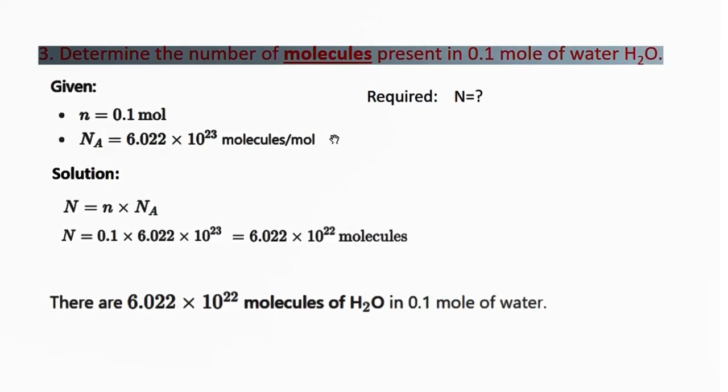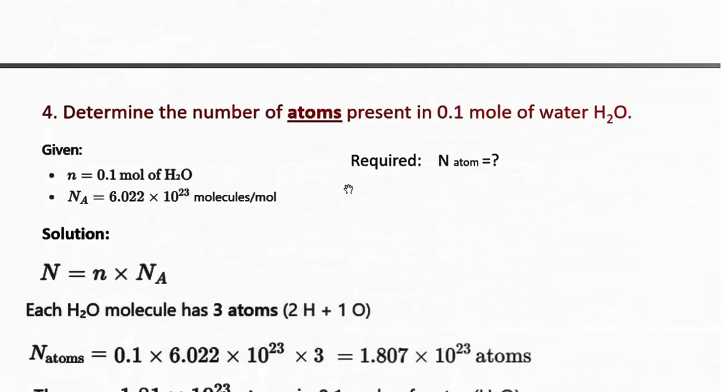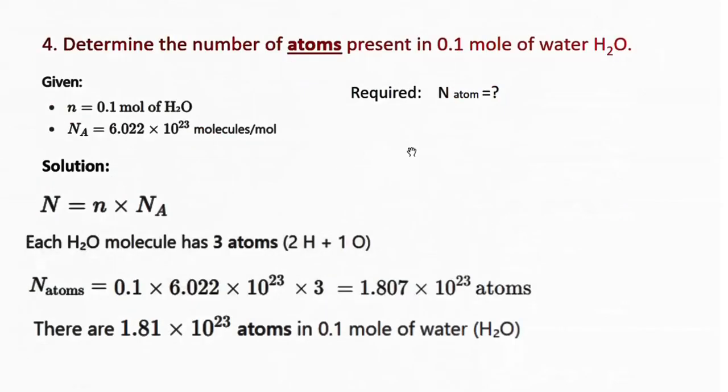Why? Because exercise 4 asks us to calculate the number of atoms, while exercise 3 asks us to calculate the number of molecules. So this is an important difference.